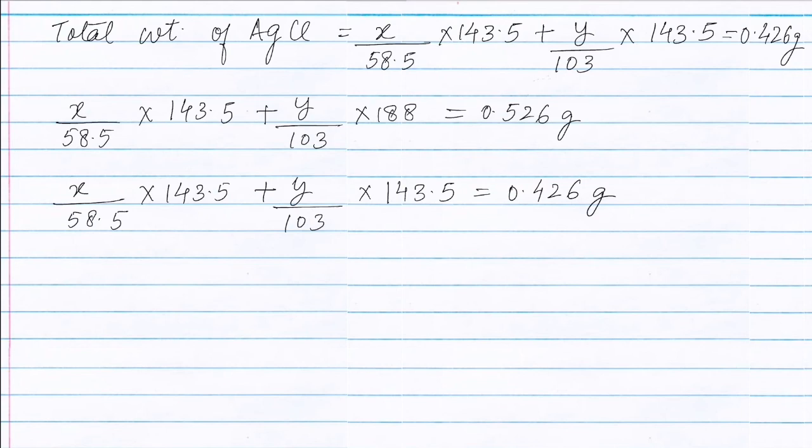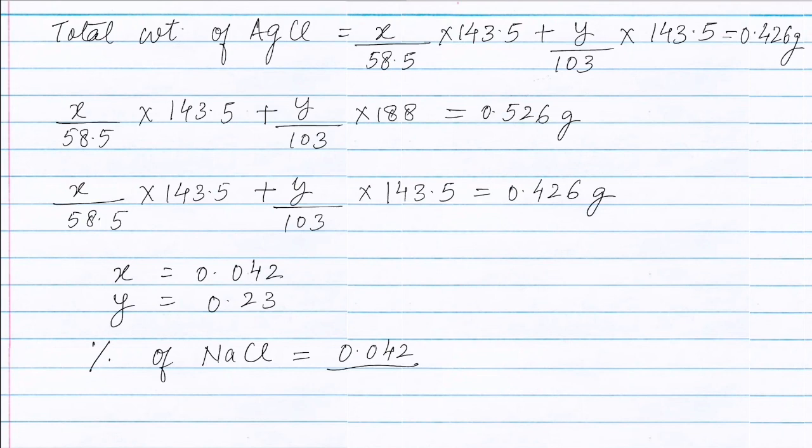of x as 0.042 and value of y as 0.23. Now x is the weight of NaCl, therefore percentage of NaCl will be weight of NaCl, that is 0.042, divided by total weight, that is 1 gram, into 100.